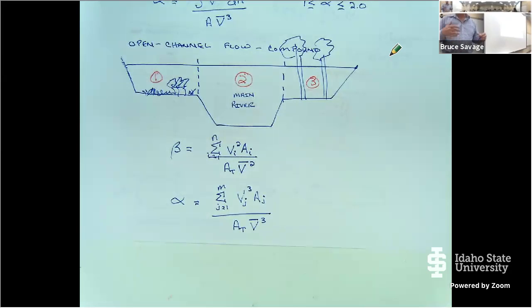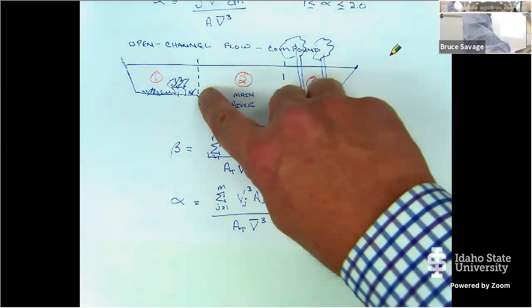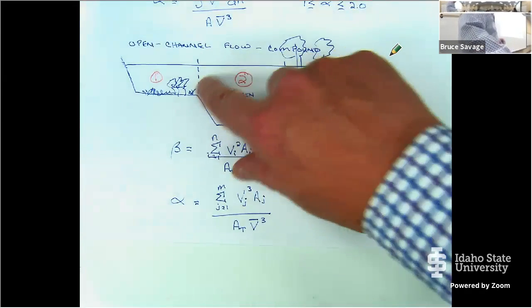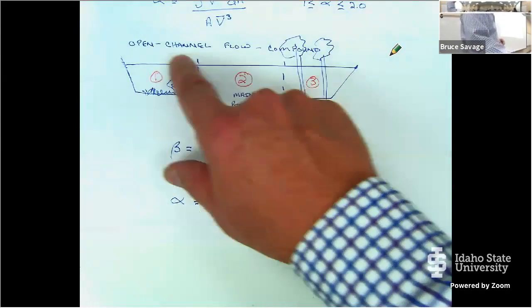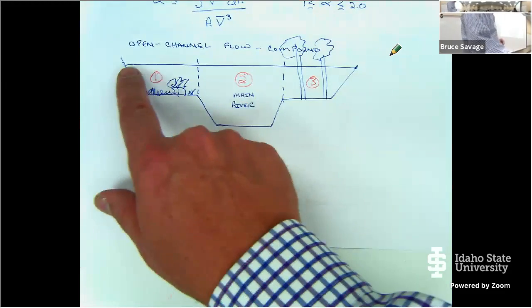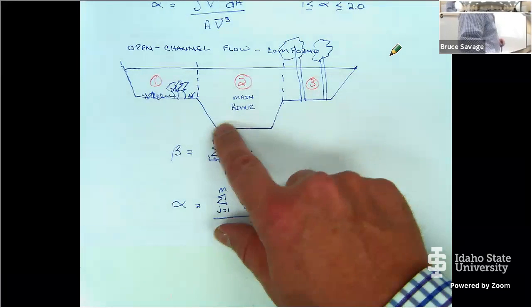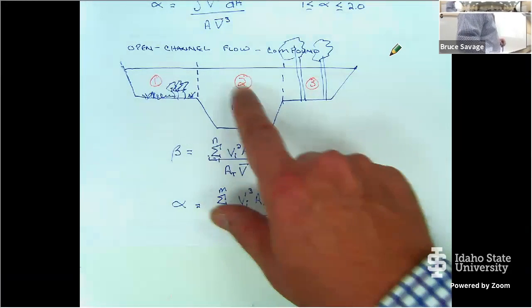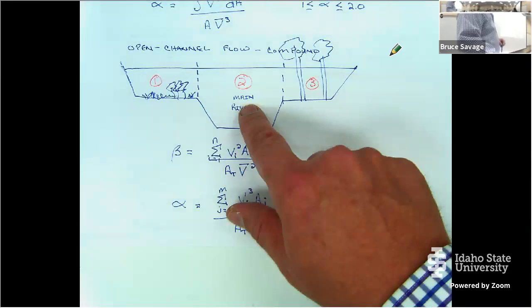So I think this is pretty straightforward. I wasn't planning on doing an example because wherever you have a break right here, that's where you separate your channel. So the area in there is pretty easy to calculate. Either it's a rectangle or it's a rectangle with a little triangle. And down here, you can break this up into rectangles and triangles and find the area.